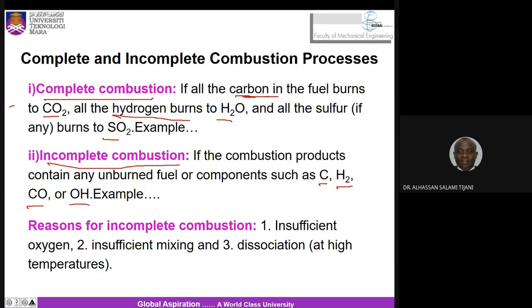And what is the reason for incomplete combustion? One, insufficient air. Number two, insufficient mixing. And finally, dissociation at high temperatures. Dissociation at high temperatures means when you subject the fuel to a very, very high temperature, there will be dissociation. It means the chemical characteristics are going to change.